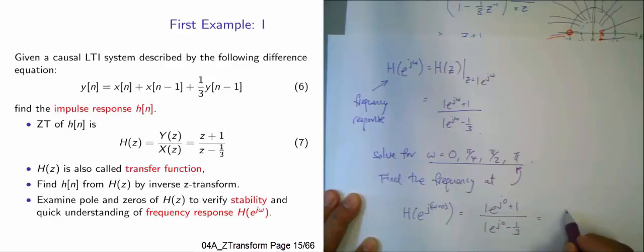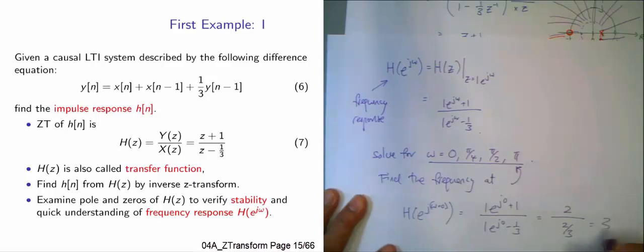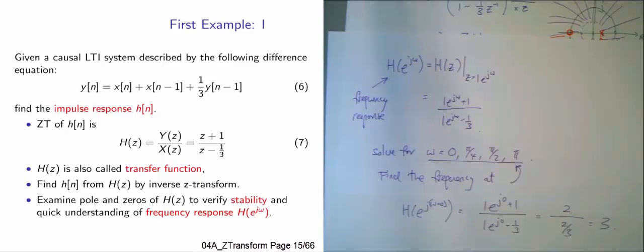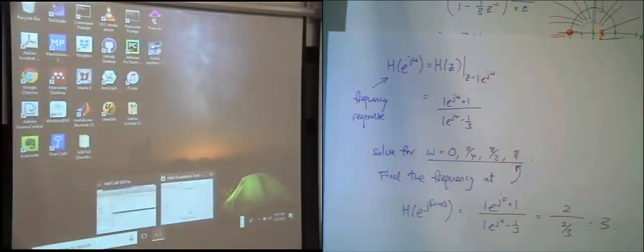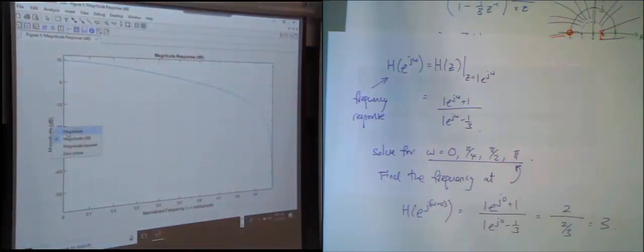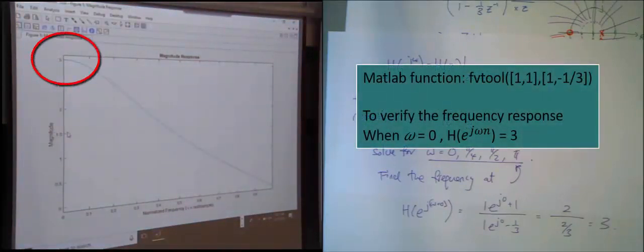The answer is 2 over 2/3. The answer is 3. Did I make a mistake here? Let me check. Three. Okay, guys, see? I analyzed it, and it's 3.